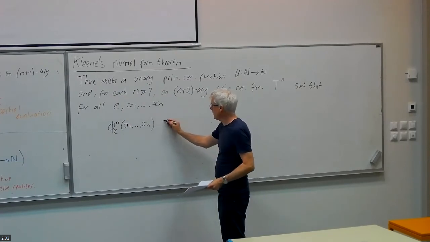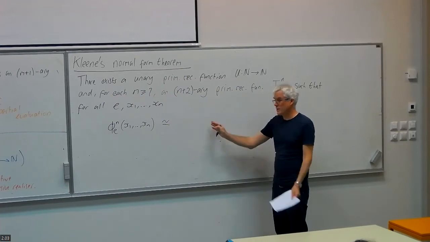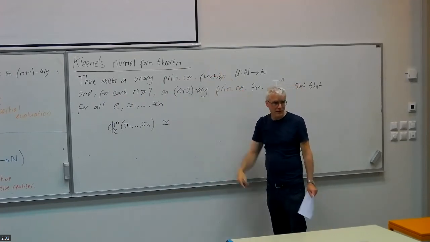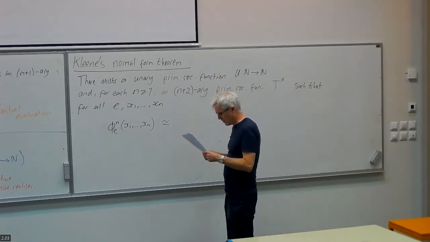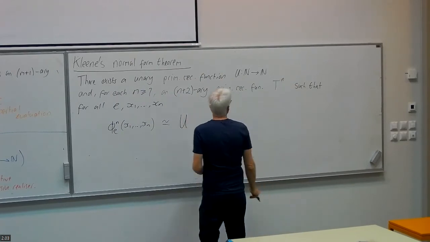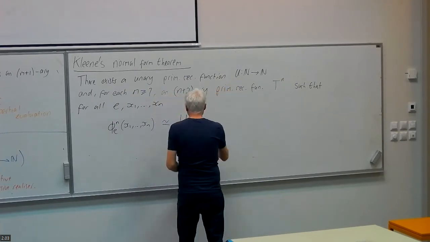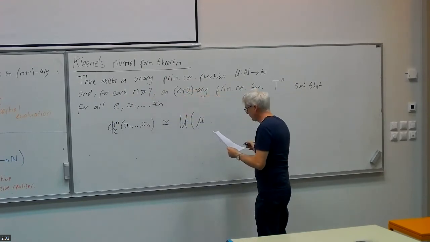And this standard way is, well, this is a partial function, so again, we're asking it to be Kleene equal. So Kleene's normal form theorem involves his own equality. We apply the u function, which is called the result extraction function, to what we get from minimizing the function.